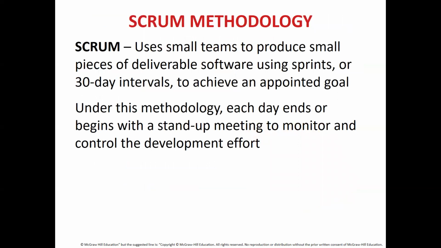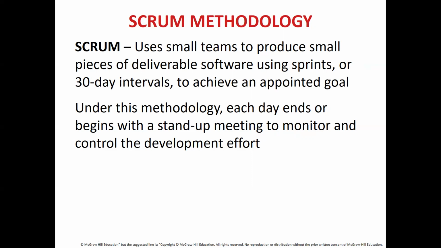Scrum. Now, Scrum is also a methodology, and with the Scrum methodology, small teams produce small pieces of deliverable software using sprints or 30-day intervals to achieve an appointed goal. What it simply means is this: you have a small team, probably 5 to 10, sometimes 5 to 20 people, and they'll be asked to design the software.